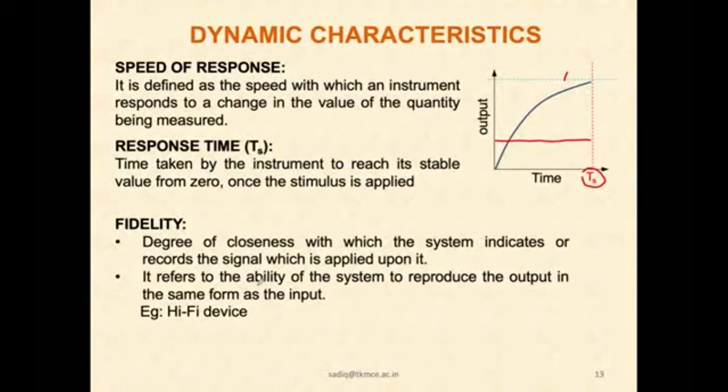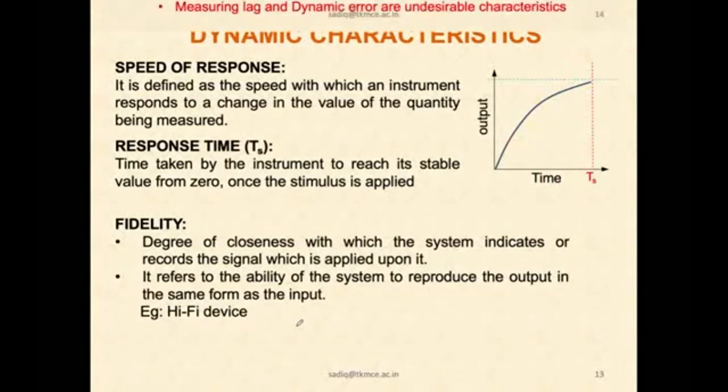That means if the system is capable of reproducing the output in the same form as it is available, then it is a high fidelity instrument. We have heard this hi-fi term connected with our music systems. A system capable of picking the input signal and copying it as such is called a high fidelity instrument, a hi-fi device.